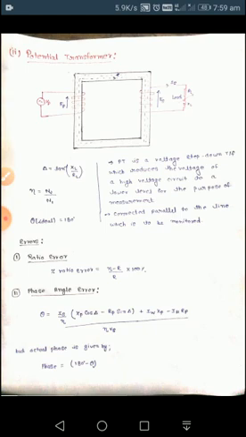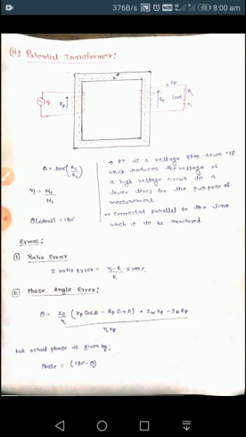Number 2, phase angle error. We know that actual phase angle is 180 degree, but due to no load current, angle will be less than 180 degree, which will lead to phase angle error.